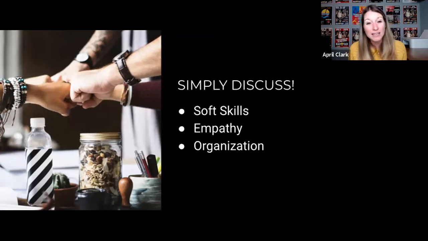They may not realize that they possess them, but just like being able to run extremely fast, or the 40-yard dash, although that is a talent, being able to communicate is also a talent too. So having the discussion with your students about the different types of skills and talents that they could potentially possess is very important.